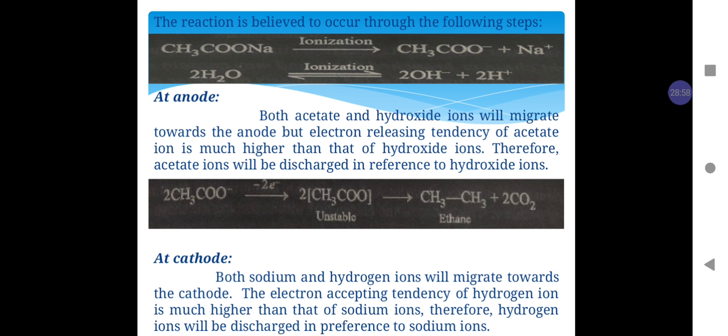Acetate anion and hydroxide ion are negatively charged and they will move towards anode.